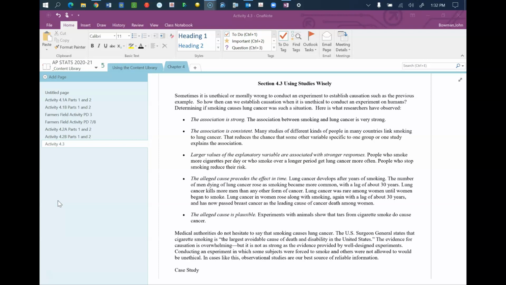So there are some ways around that, and the good example of that is the cause and effect conclusion that's been made between smoking and lung cancer. We're going to talk about that in just a moment, but I just want everybody to know the issue of ethics is not part of the AP curriculum. So even though we might touch on that occasionally, it's not something that you have to be familiar with.